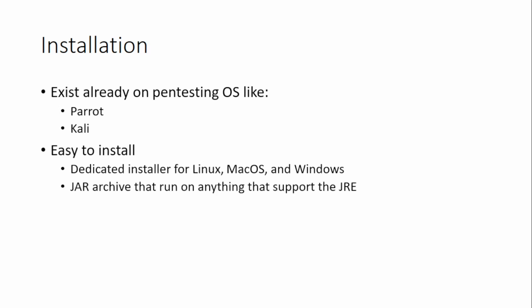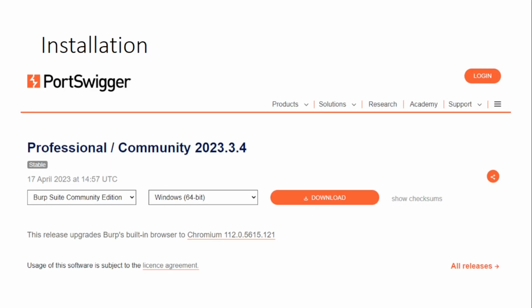Because it's a Java application, we can also download it as a jar archive that runs on anything that supports the Java runtime environment. So if you want to download it, for example, and install it on your Windows, you can go to PortSwigger.